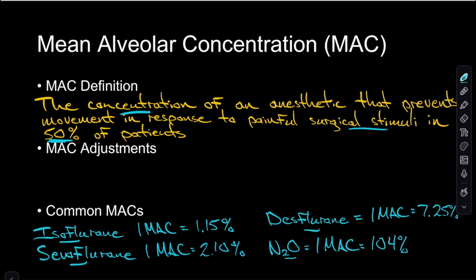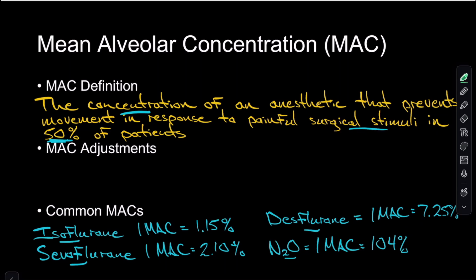So the massive benefit of MAC is that you're defining a universal standardized concentration of 1 MAC, or more or less depending on your goal for the anesthesia procedure, that can be used across different volatile anesthetics, and you can anticipate the same anesthetic effect no matter which of the gases you're using.